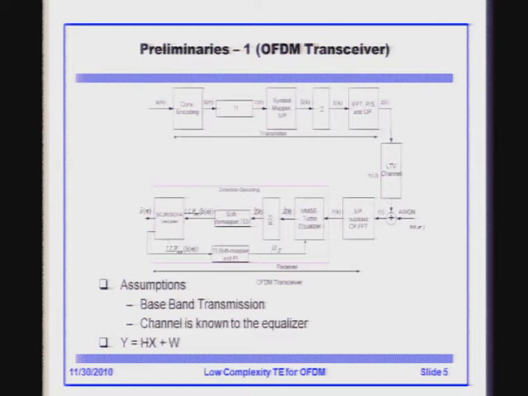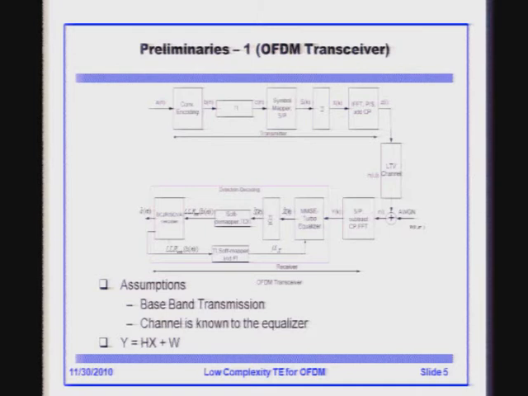This is the kind of system model that we are talking about. You have a convolutional encoder. Information bits come in and get convolutionally encoded and time interleaved, and then mapped to QPSK, BPSK, 16-QAM, or higher order modulations.